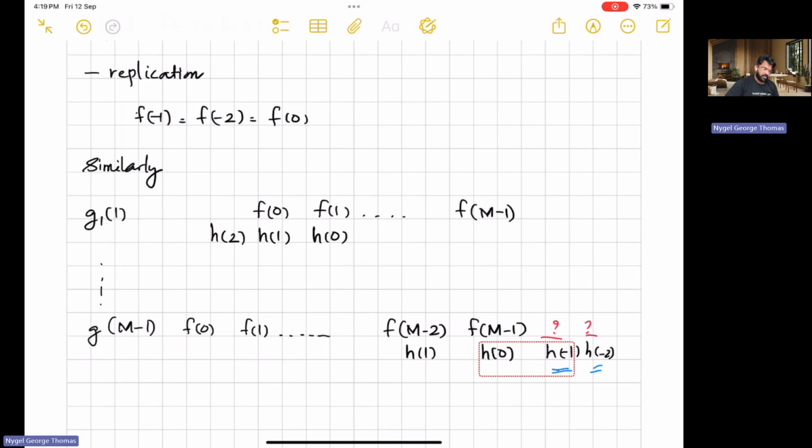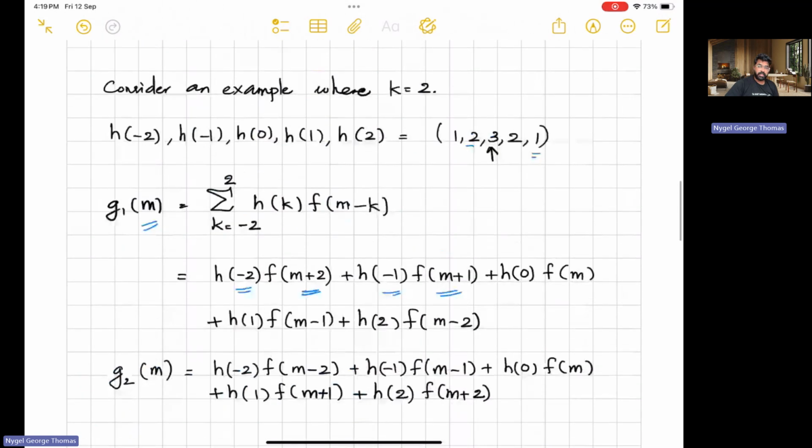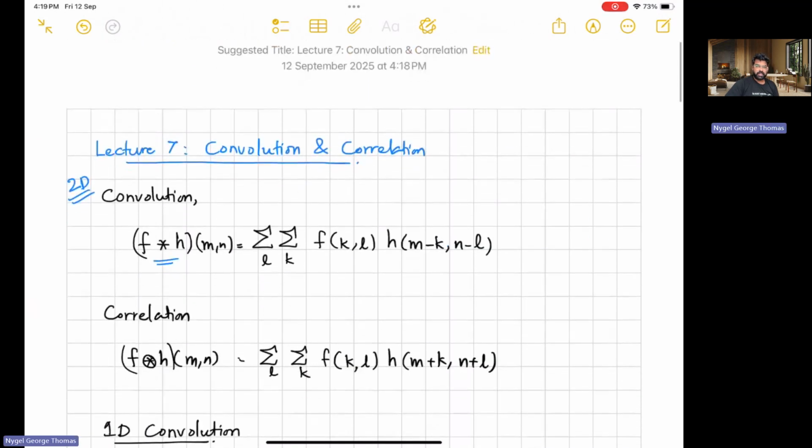This is the discussion on convolution and correlation, which is not meant to be very complete. We won't be discussing too many convolution and correlation cases, but this is just for the sake of understanding the filters which we're using, especially linear filters.